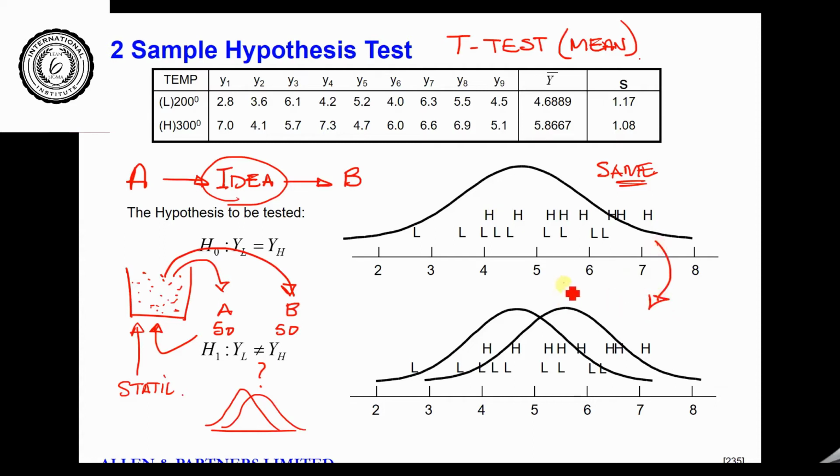Let's look at them as if there's been a genuine shift in the mean of the results. And what it basically does is it says, if they really are two samples from the same distribution, what is the probability that two samples would be this far apart? And it works out a probability value for you.